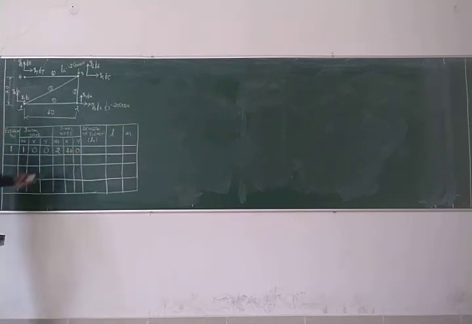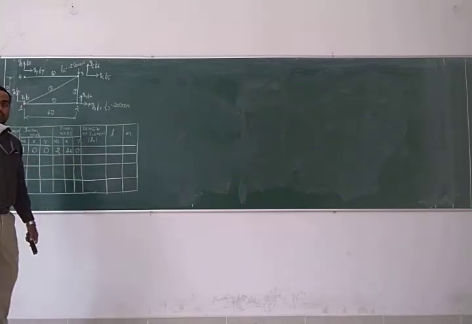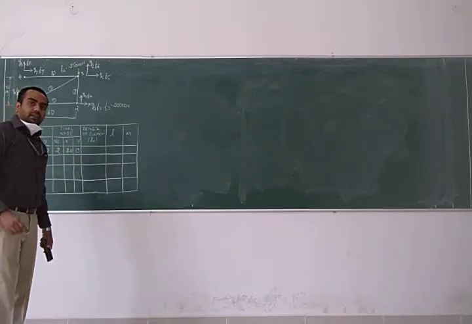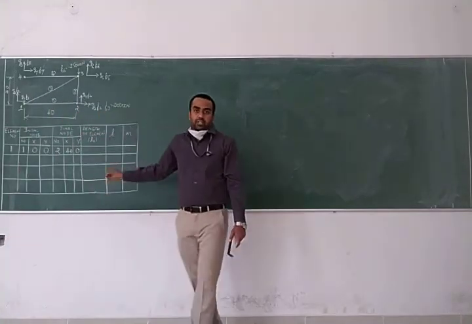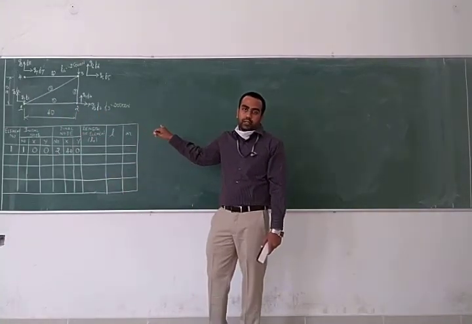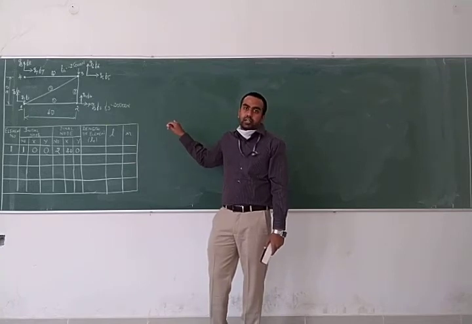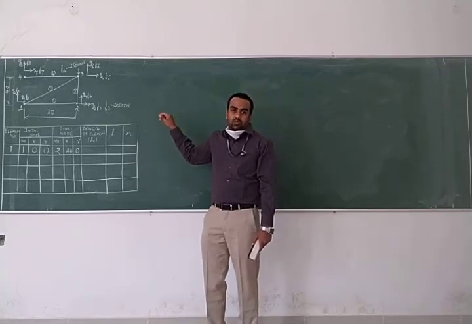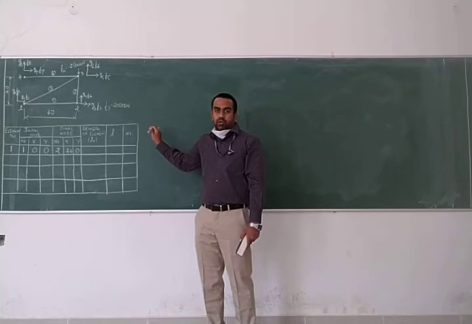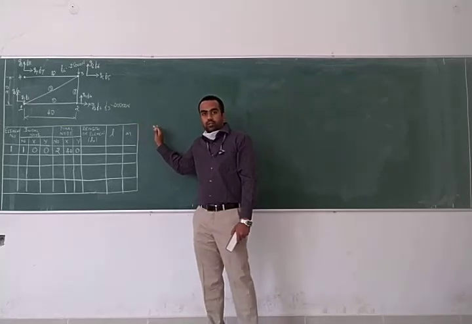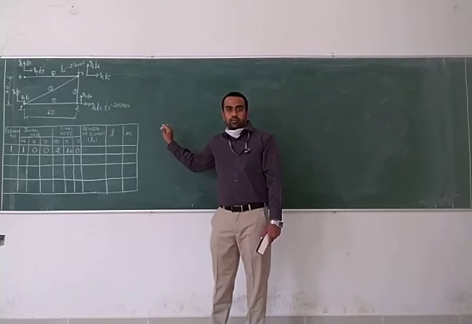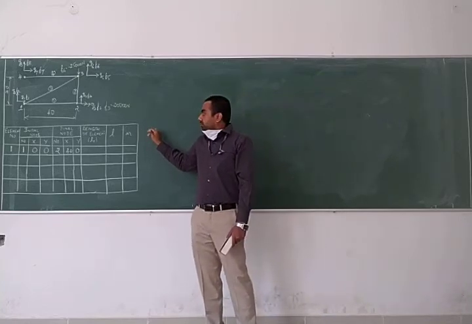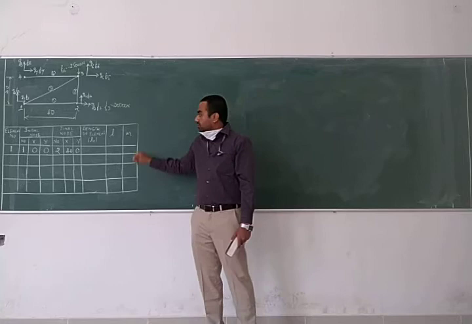What is the length of the element? As I had told you in the previous class, the length of the element is given by the formula using the Pythagoras theorem, root of x final minus x initial, x2 minus x1 whole square plus y2 minus y1 whole square, where y2 is the final node coordinate value in the y direction and y1 is the initial node coordinate value, under the roots.